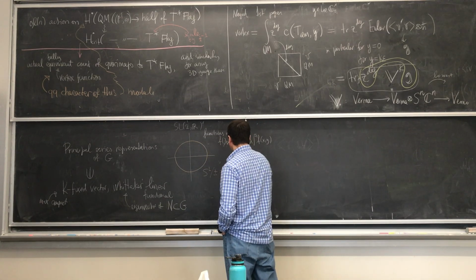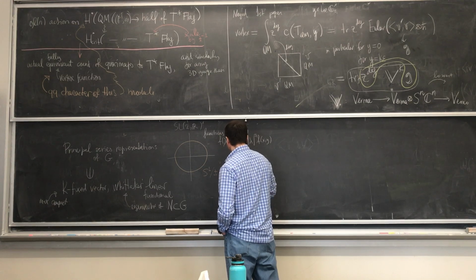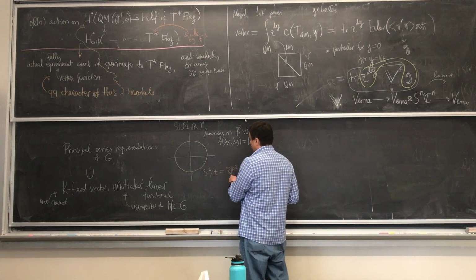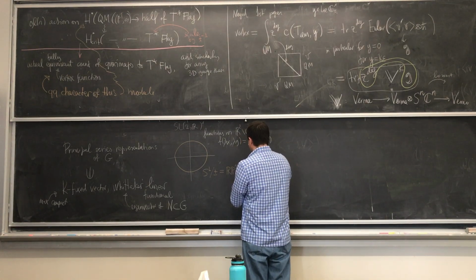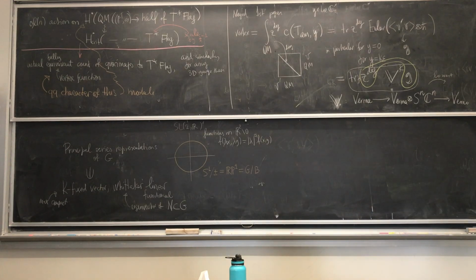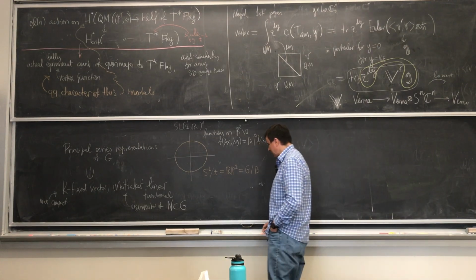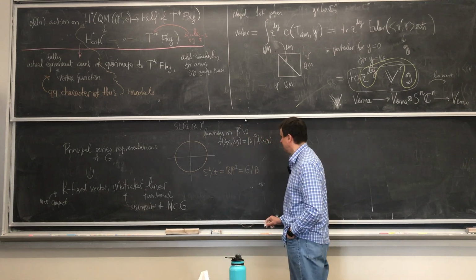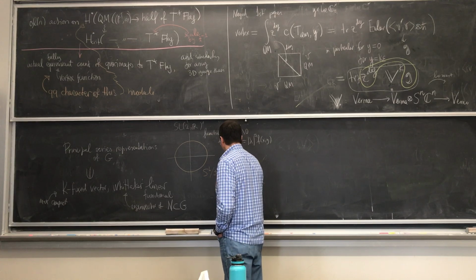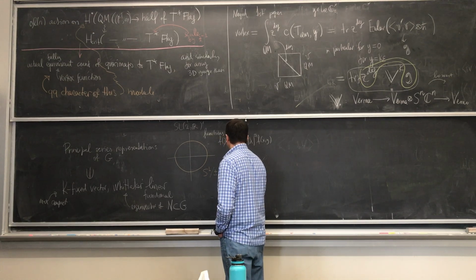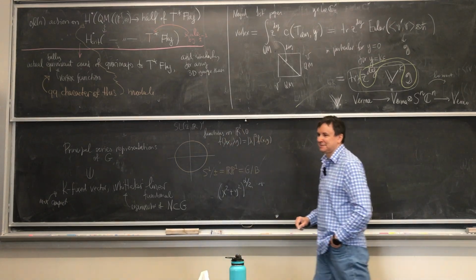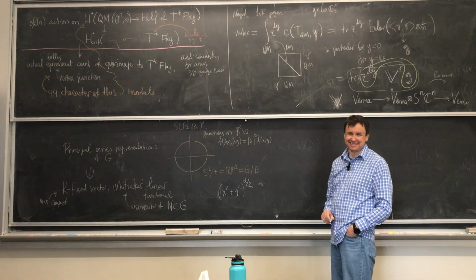This is the same as RP1, which is like G mod B in this instance. And what is the K-fixed vector here? The K-fixed vector is something like x squared plus y squared to the power alpha over 2.